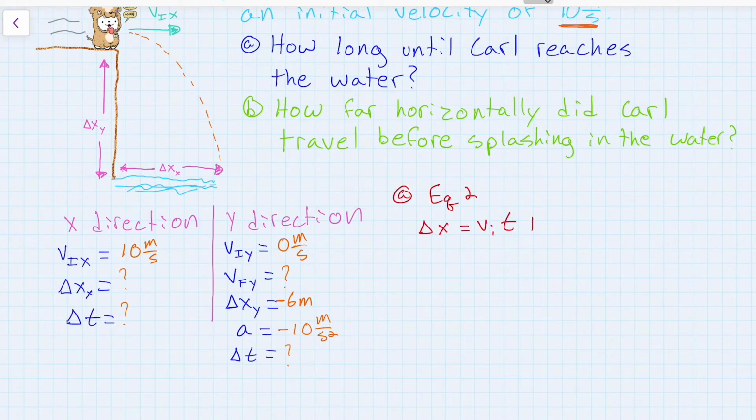The initial velocity times time plus 1/2 times the acceleration times time squared. And since in the y direction the initial velocity is 0, we can get rid of this whole term, and what we're left with is the displacement in the y direction is equal to 1/2 times the acceleration due to gravity times the square of the time.